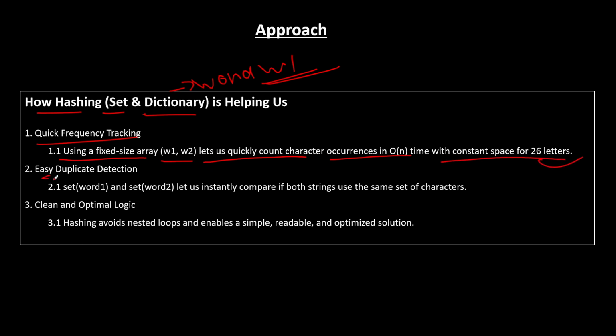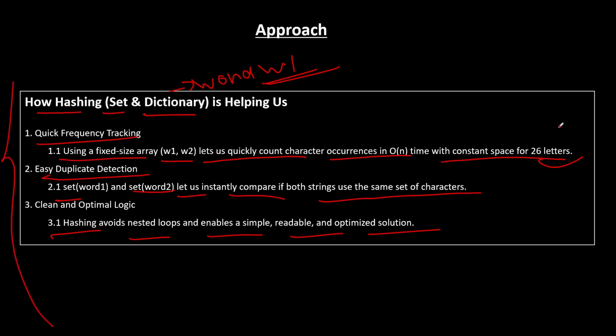Easy duplicate detection is done by the set, which lets us instantly compare if both strings use the same set of characters or not. And hashing avoids nested loops, enabling a simple, readable, and optimized solution. These three are the most common reasons why we are using a set and dictionary, or the 26 character word array. I hope you understood the approach.